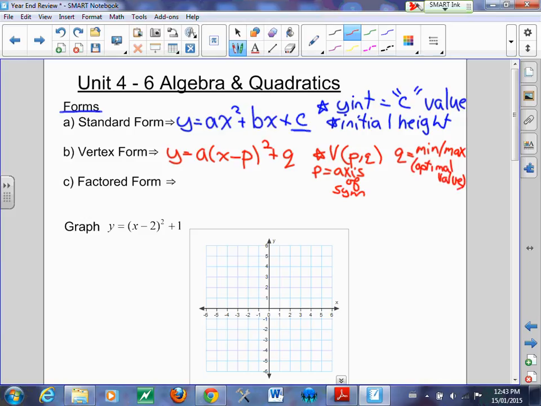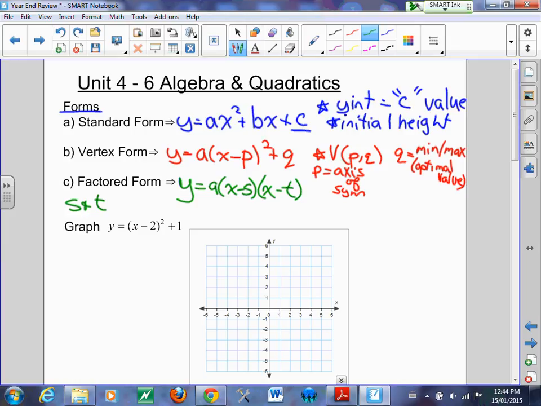Perfect. Okay? The last form I'm going to take a look at is the factored form. I'm going to change color, sorry. Got the wrong color there. Pretend that's green. So we're going to go y equals a bracket x minus s bracket x minus t. Okay? And what we need to remember here is that s and t, you've got to remember the negative part in the formula, so you kind of look at the opposite of what's in the bracket.